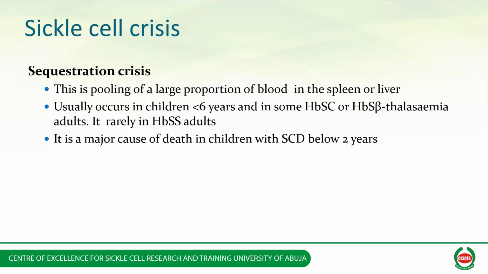Sequestration crisis. This is pooling of a large proportion of blood in the spleen or liver. It usually occurs in children less than 6 years and in some hemoglobin SC or hemoglobin S beta thalassemia adults. It rarely occurs in hemoglobin SS adults. It is a major cause of death in children with sickle cell disease below 2 years.